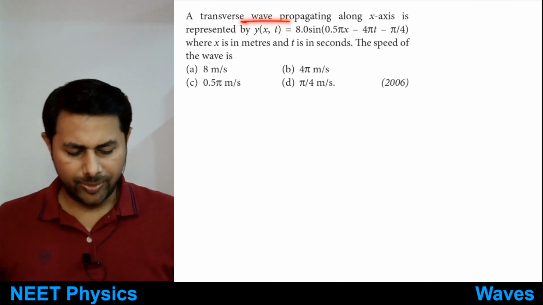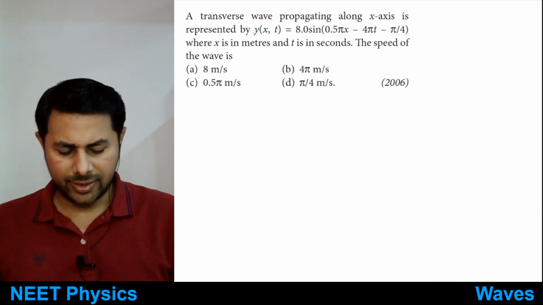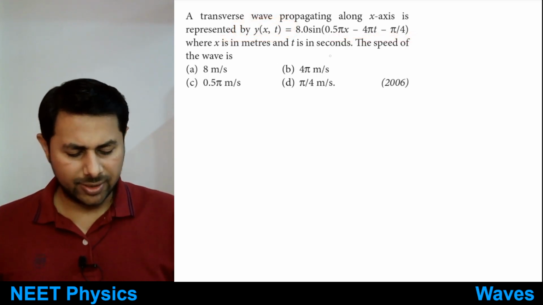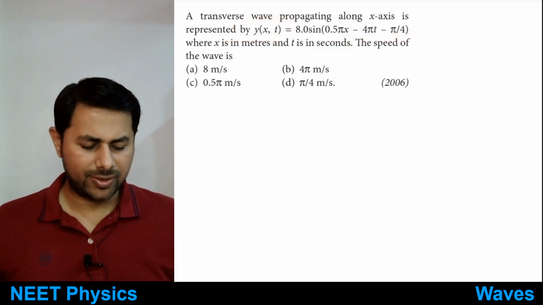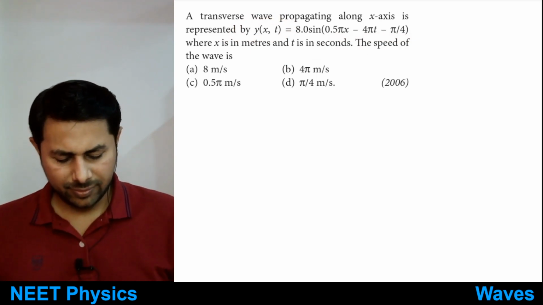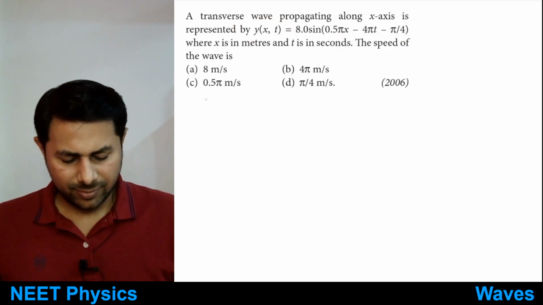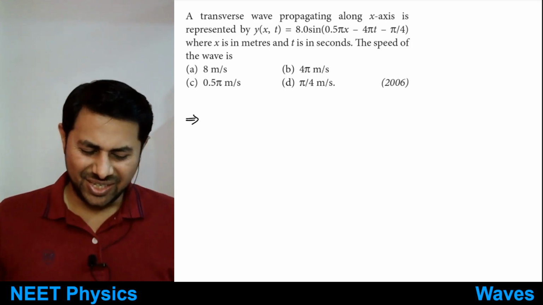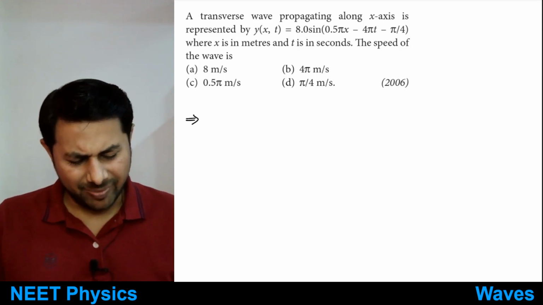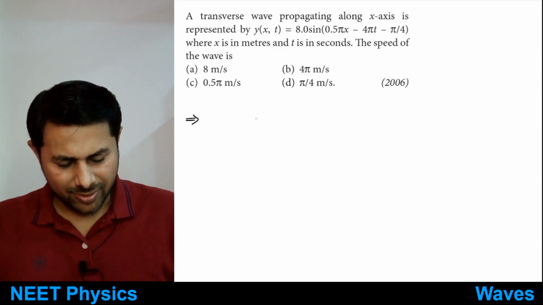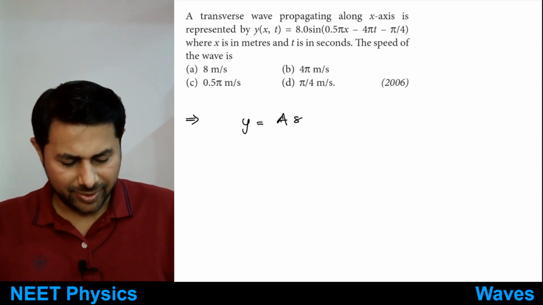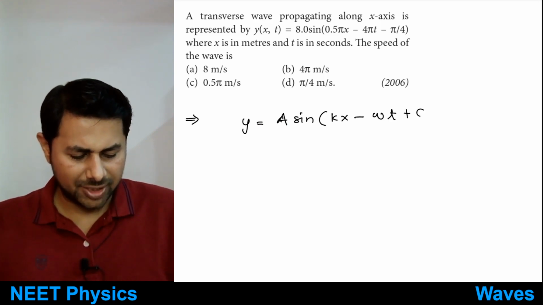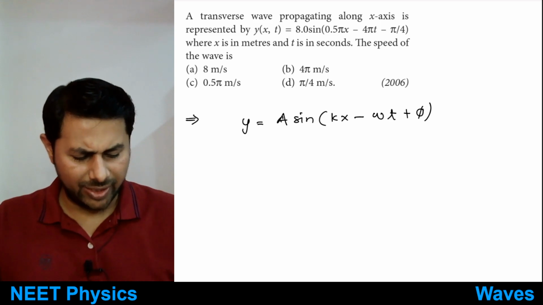A transverse wave propagating along the x-axis is represented by this thing, where x is in meters and t in seconds. The speed of the wave is, tell me. These are leftover questions that are scattered here and there. Again you can make use of y equals a sine of kx minus omega t plus phi, but we don't need phi.